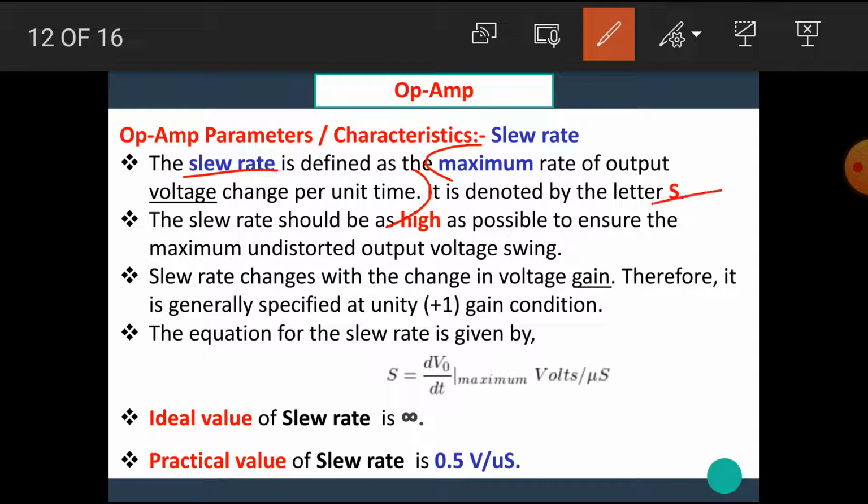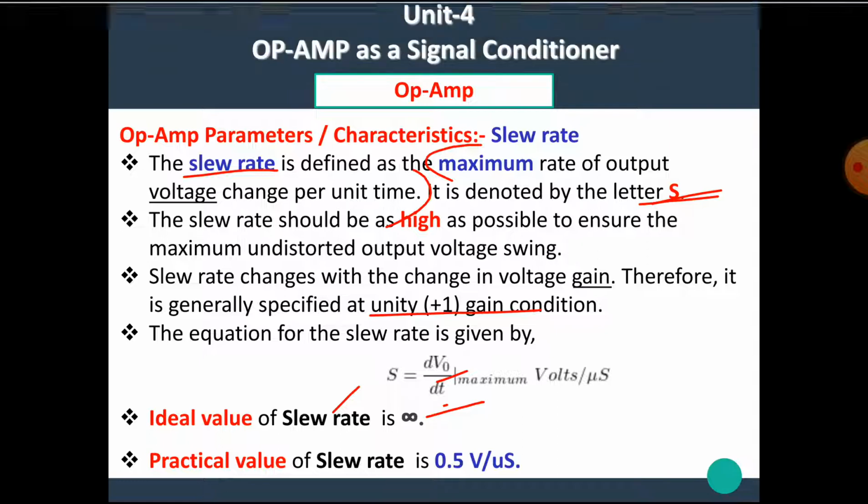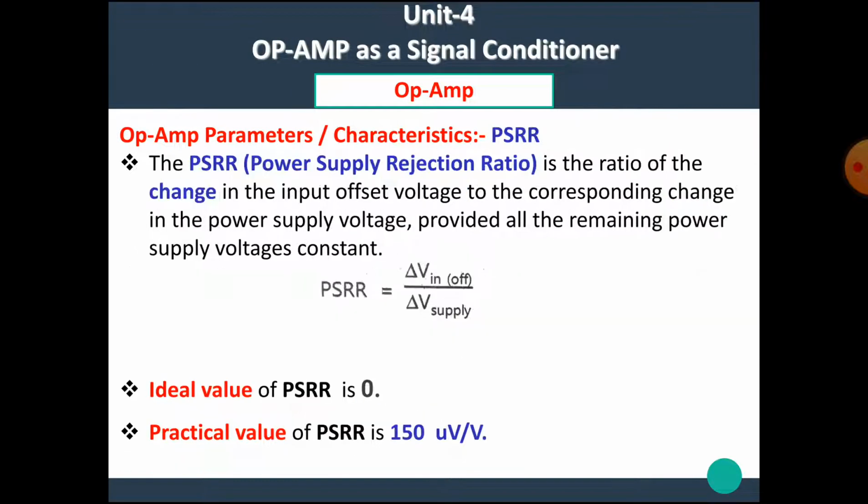It is denoted by letter S and is specified in unity gain condition. Its equation is S is equal to dV0 by dt, where dV0 is the output voltage and dt is the rate of change of time. I hope you all understand the term slew rate.